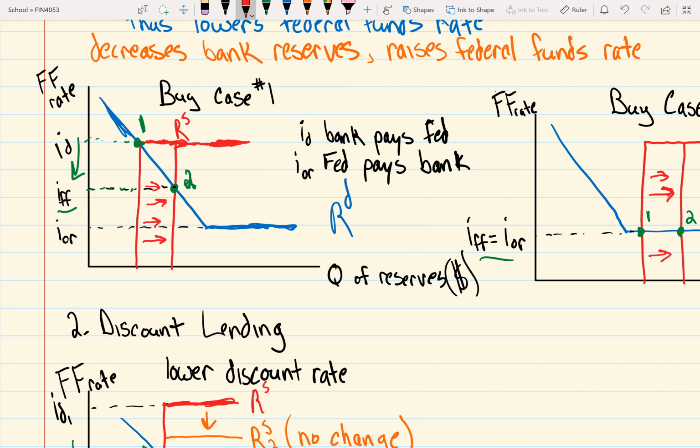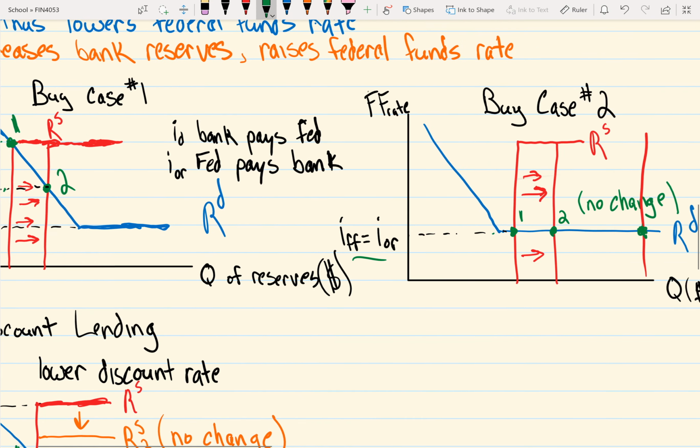Like I just said, if it was a sell, it would shift to the left. The first equilibrium before the buy would be at 1 here. Then it moves to 2 as the supply curve shifts to the right and lowers the interest rate, or the federal funds rate, excuse me. So that's buy case one.